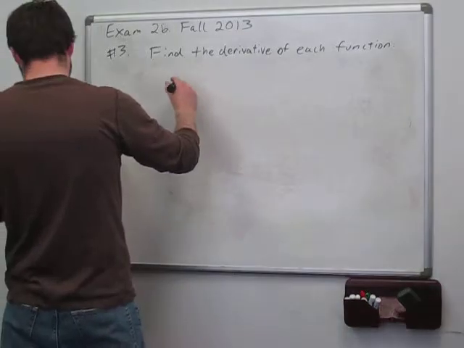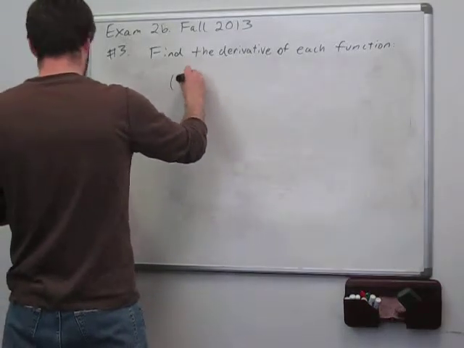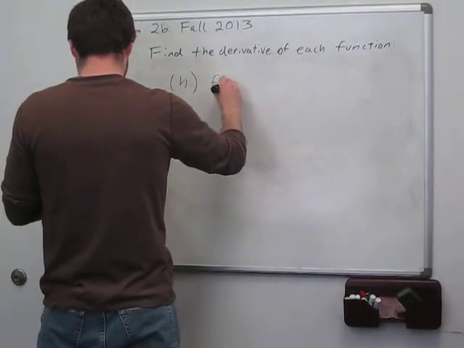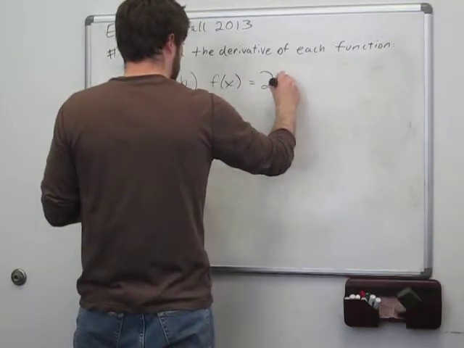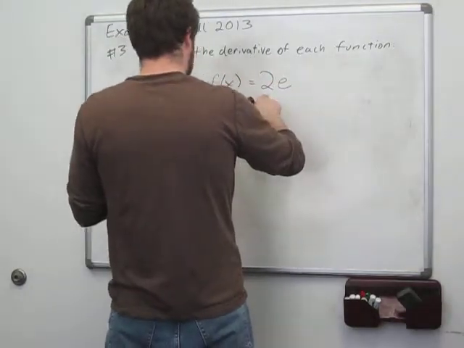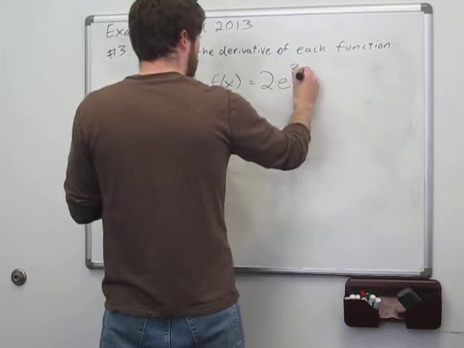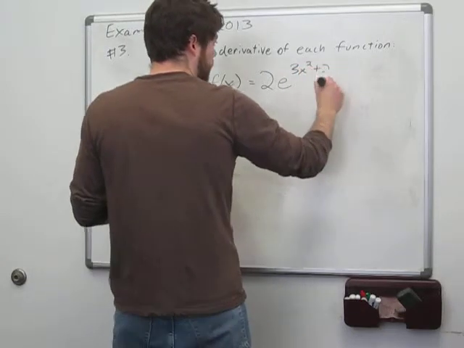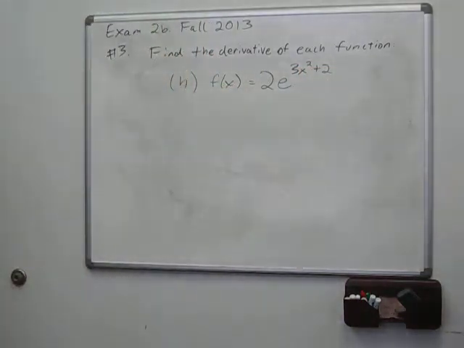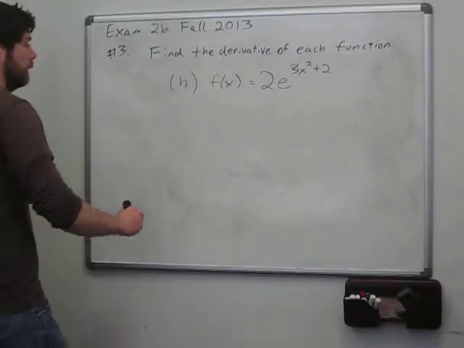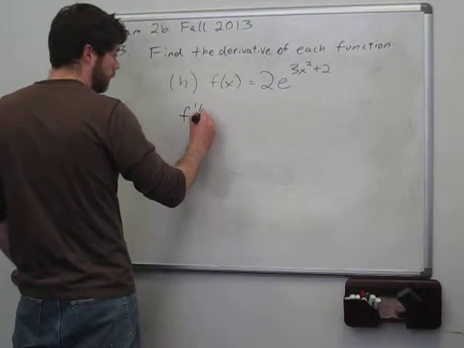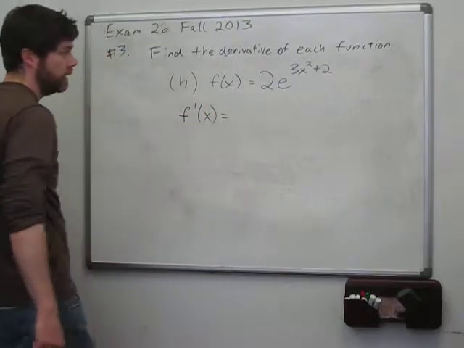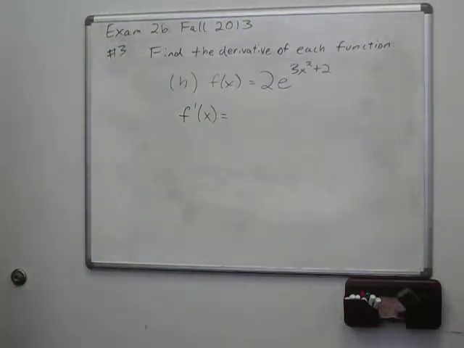Let's take a look at part H. Where f of x is equal to 2 times e raised to the 3x squared plus 2. So again, this is just going to be an application of the rule for exponential functions.